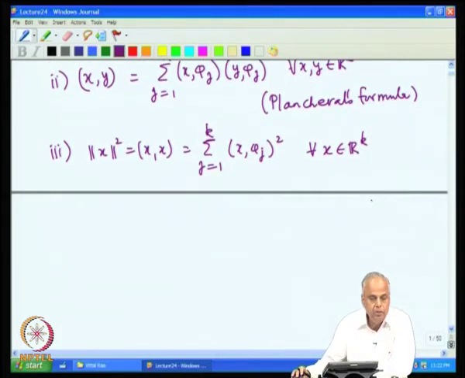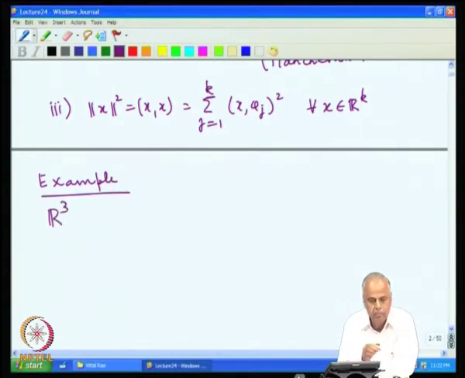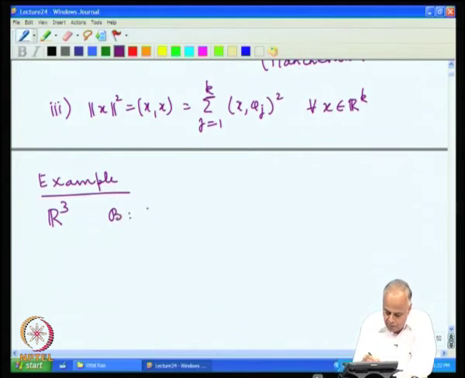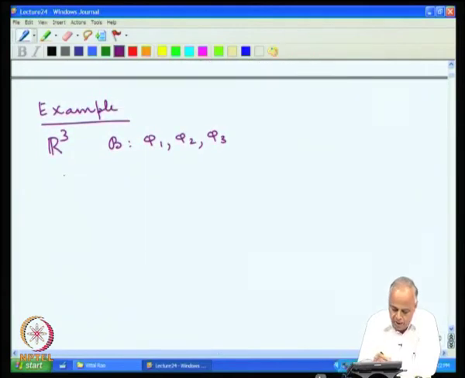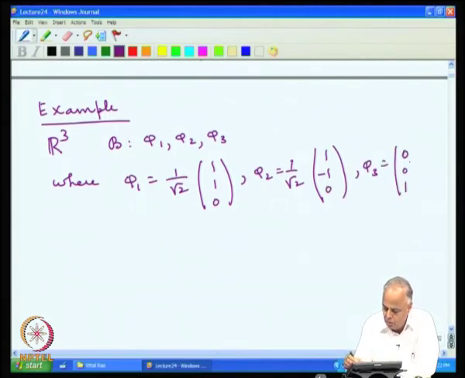Now, let us look at an example to illustrate all these facts. Let us take R 3 and let us take B to be the basis phi 1, phi 2, phi 3, where phi 1 is the vector 1 by square root of 2 into 1 1 0, phi 2 is the vector 1 by square root of 2 into 1 minus 1 0, and phi 3 is the vector 0 0 1.